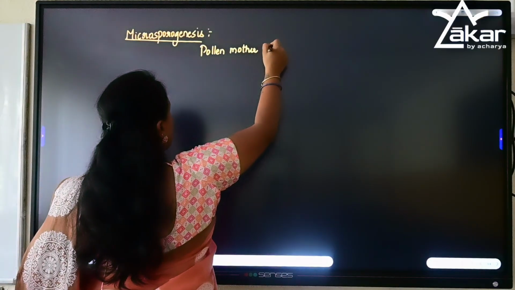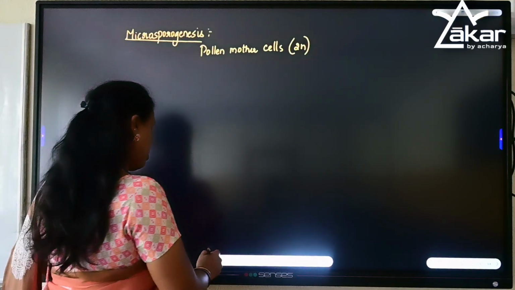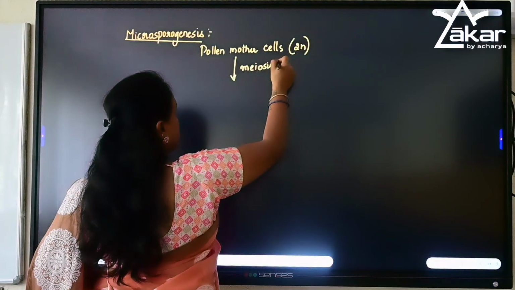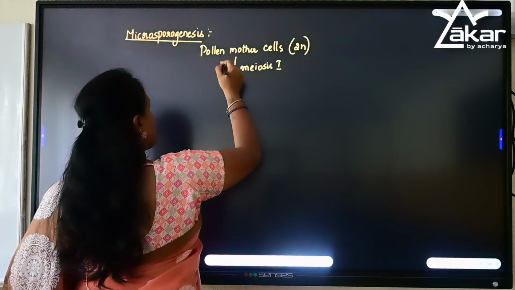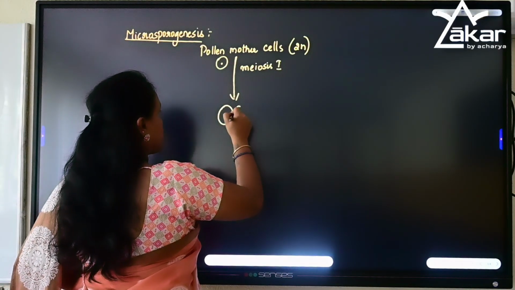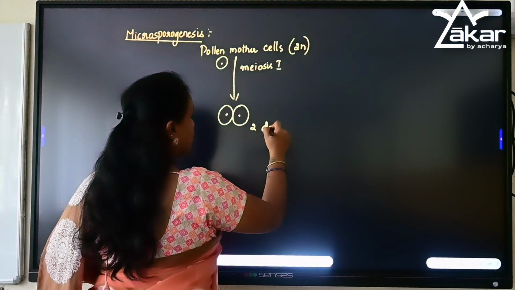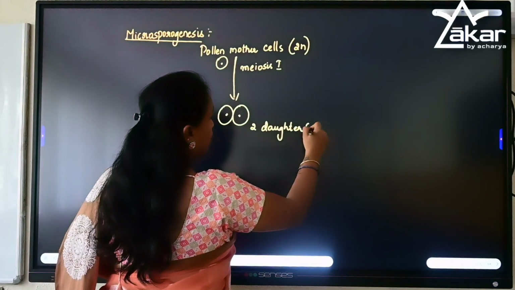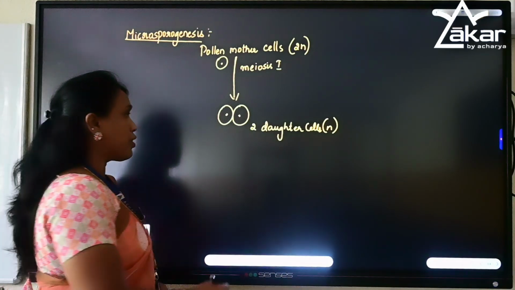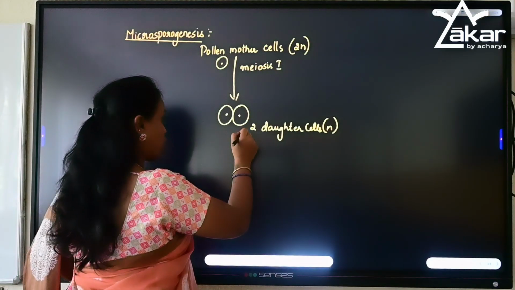These pollen mother cells are diploid. So they undergo meiosis 1 to produce two haploid cells, two daughter cells, both n in number, haploid in chromosome number.